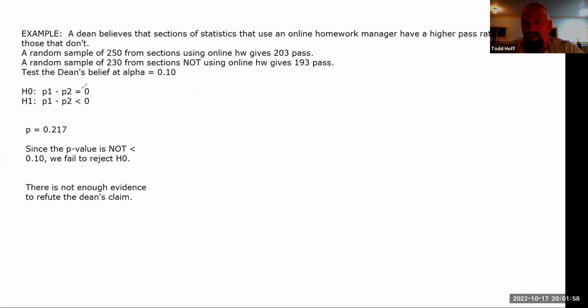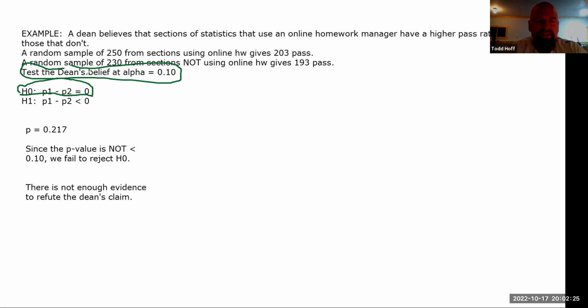We didn't affirm it. We just failed to throw it out. So if it's something we want, we don't want that to be the null hypothesis. If it's what we want to show, we want that to be the alternative hypothesis, so that we can reject the null, and then we're left with no other choice but to go with what we were hoping to prove. But here, where it says test the dean's belief, that means the dean's belief becomes the null hypothesis.